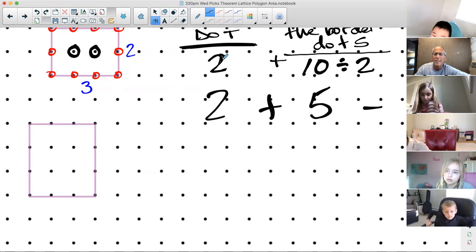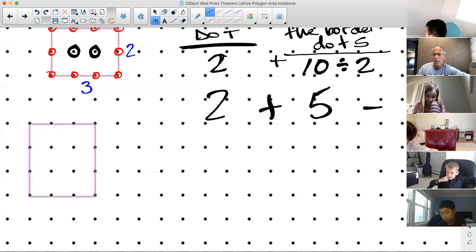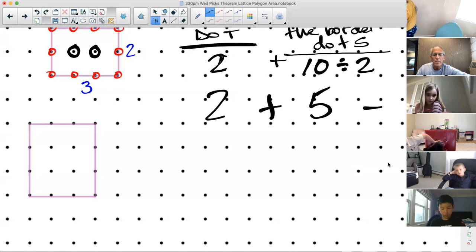I'm going to ask Tess for the dimensions of that square. Hi, Aaron. So, Aaron, we're learning about Mr. Pick, who was a very famous mathematician, and he gave us a new way of looking at area.